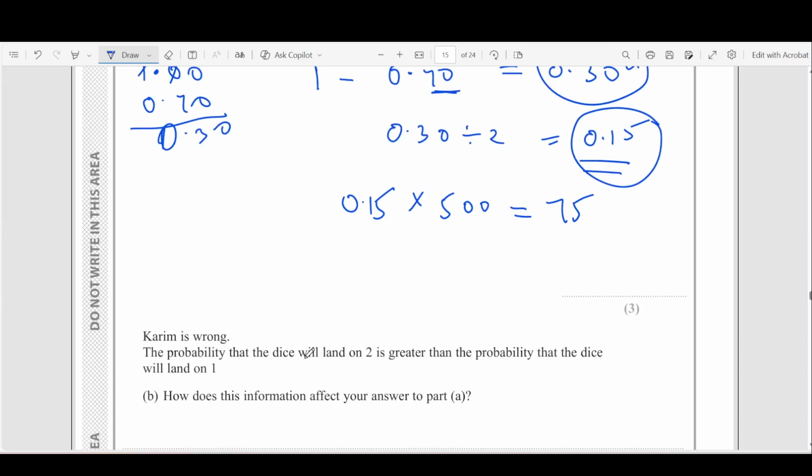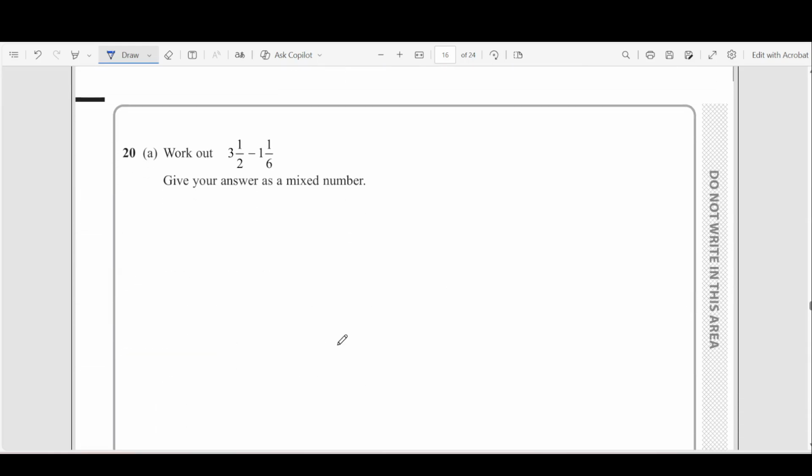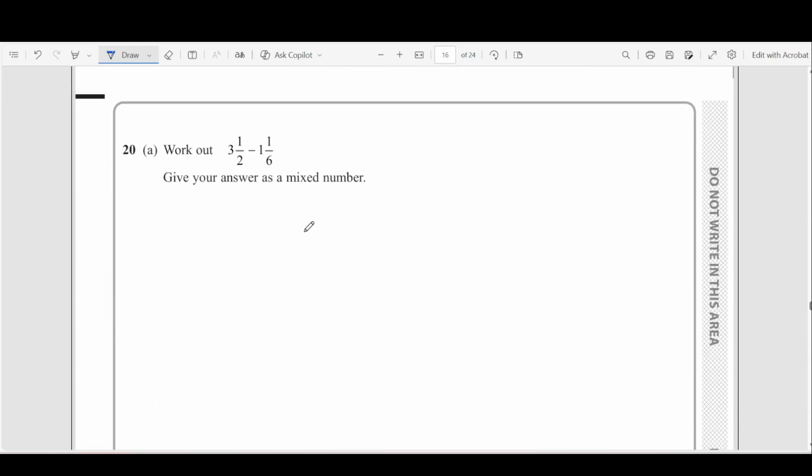Basically we can say this is going to be the same because the probability is the same and it is thrown 500 times. So the answer would be unaffected.